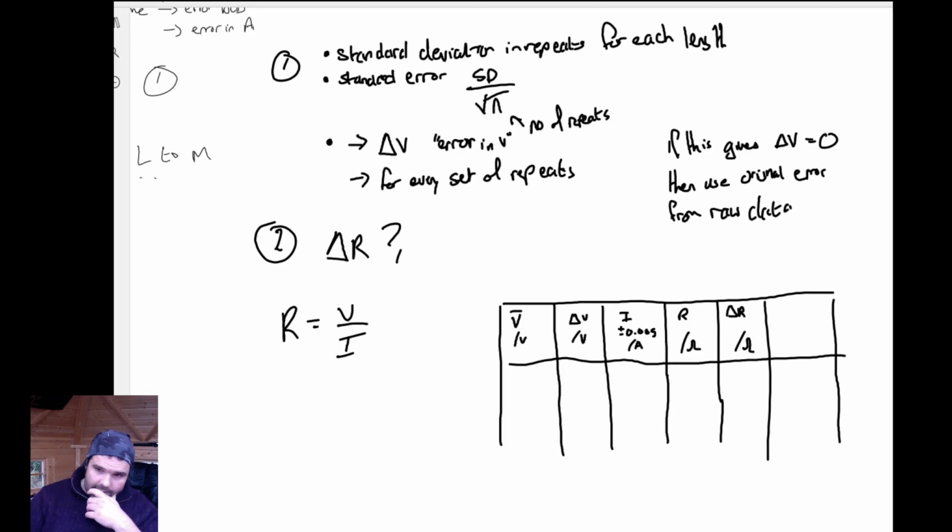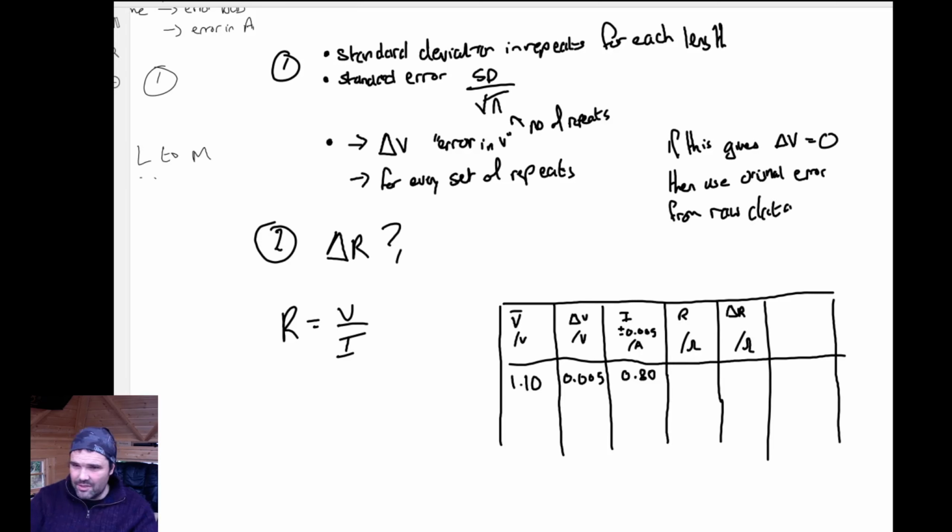Right, let's just go through a quick idea of an example then. So let's say that V was 1.10, and let's say I've had to use the original raw data, so 0.005. Let's say my current is 0.80, and again I'm using the error of 0.005. So my resistance would be V divided by I, so 1.1 over 0.8 is 1.375.